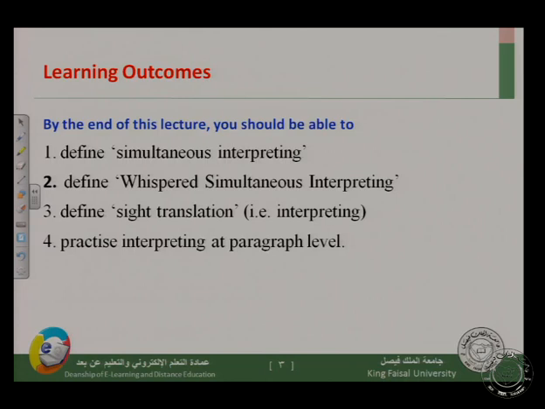Then we will do some practice by the end of the video. So please pay special attention to this lecture, as it is the heart of interpretation, and I'm sure you'll hear people talk about simultaneous interpreting.